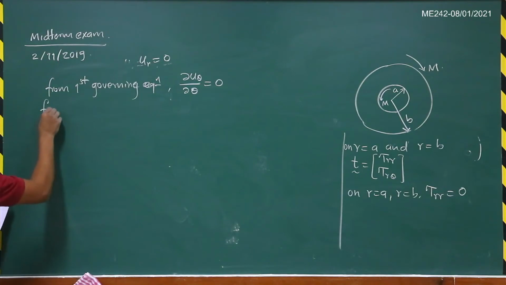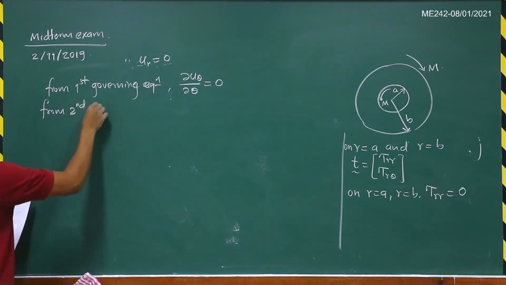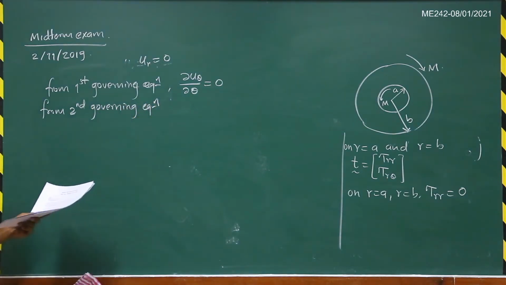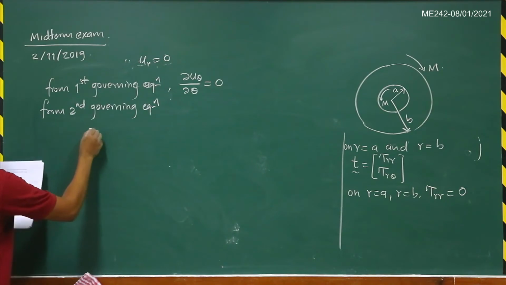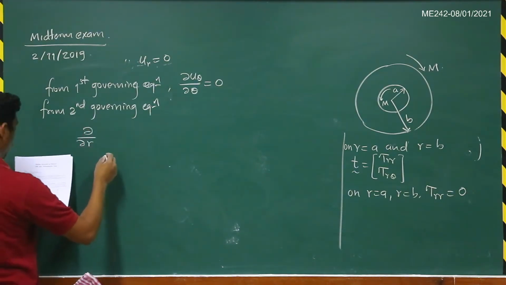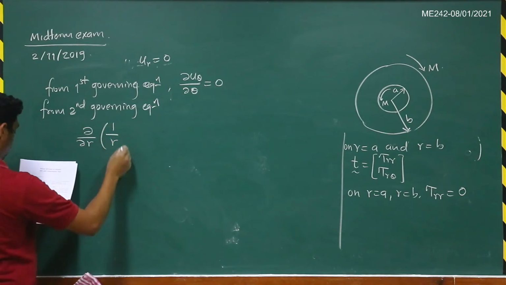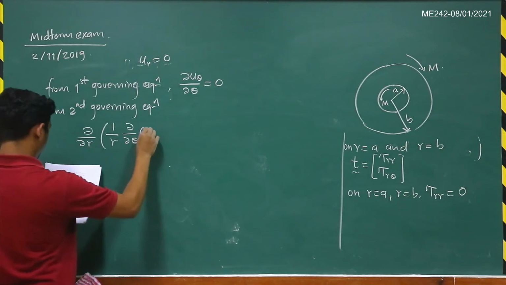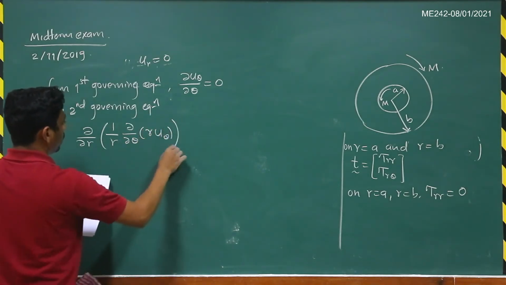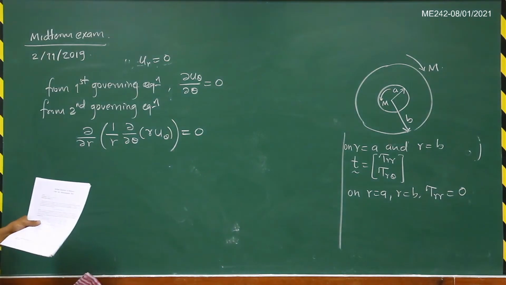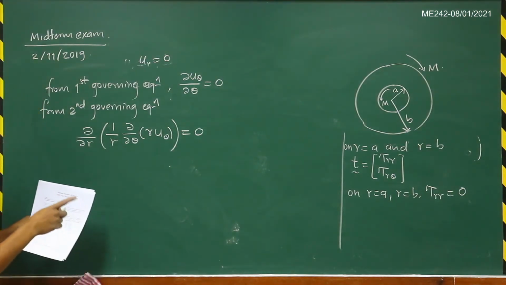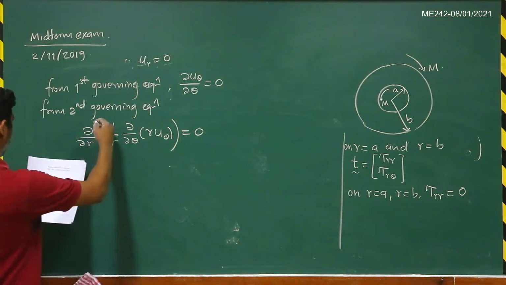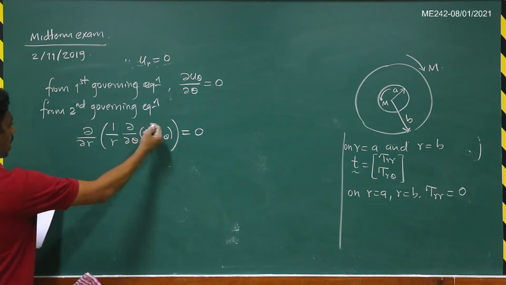So from now we use the second governing equation. What it leads to is that the first term inside the bracket, del over del r of 1 over r del by del theta of r u_theta, is equal to 0, because u_theta is independent of theta and u_r itself is 0.